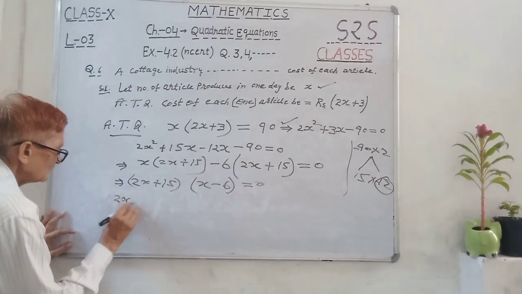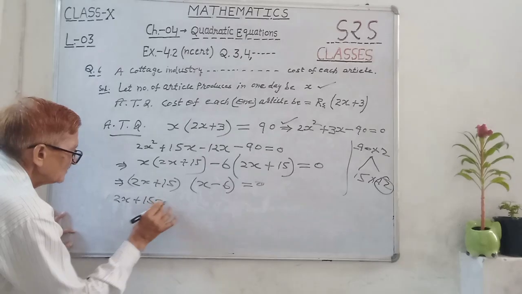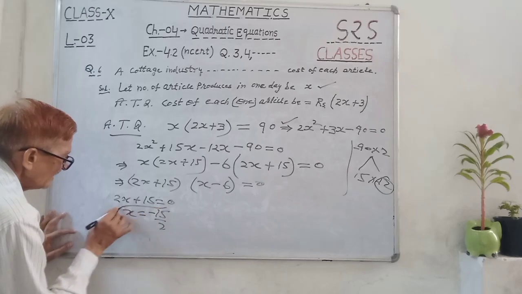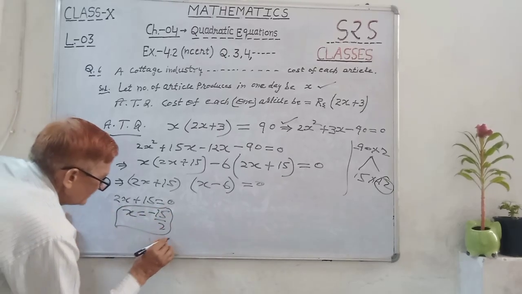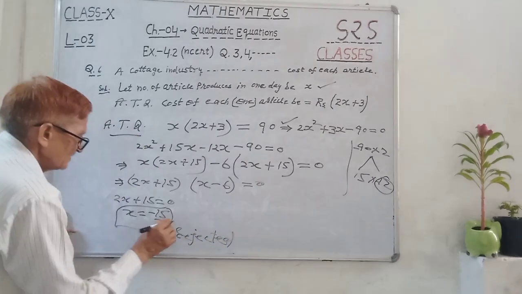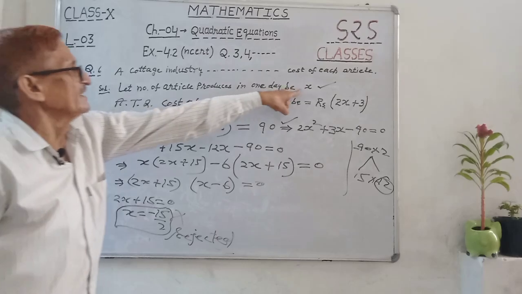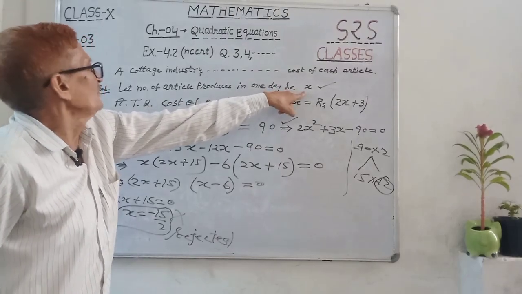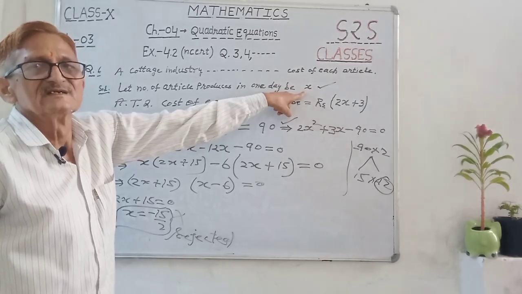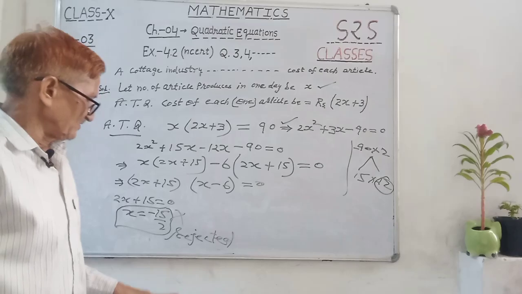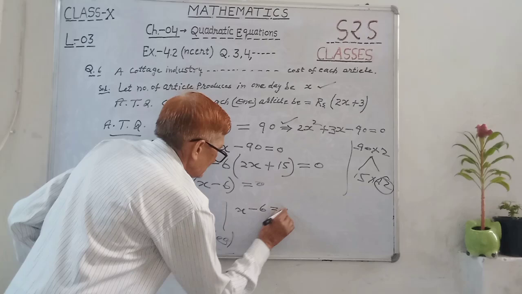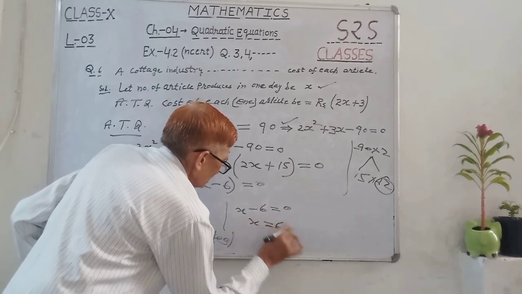Then if 2x plus 15 equals 0, then x is equal to minus 15 upon 2, and this is rejected. Why rejected? Because x is a quantity, the number of articles produced by the factory per day, so this must be positive. And in the second case, x minus 6 equal to 0, then x is equal to 6.